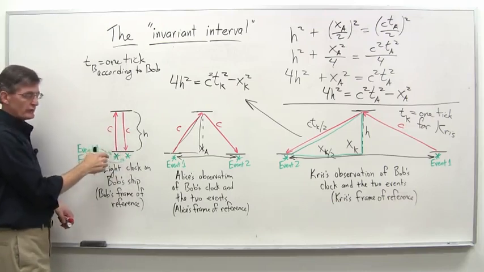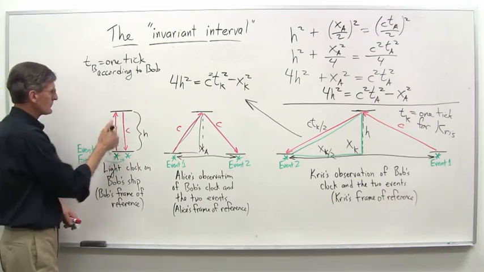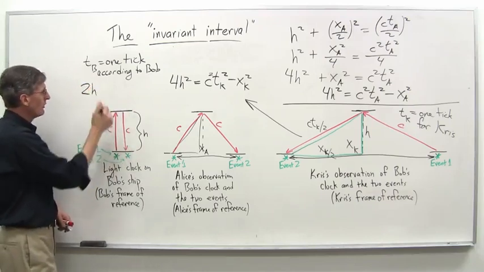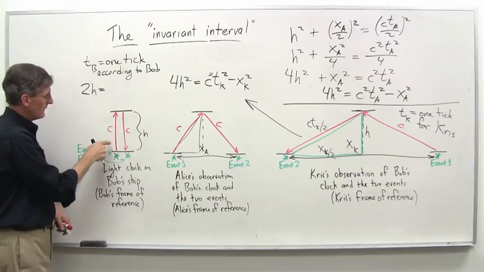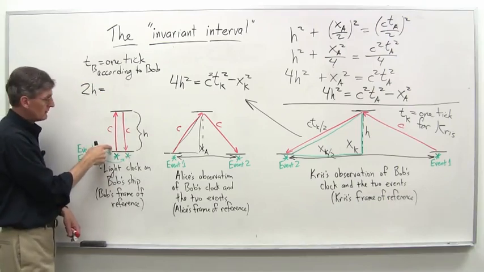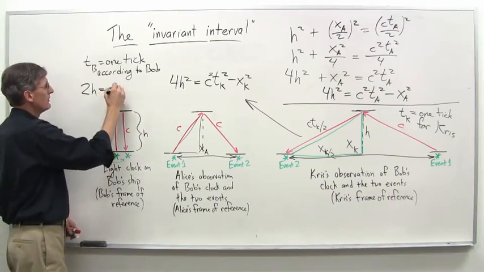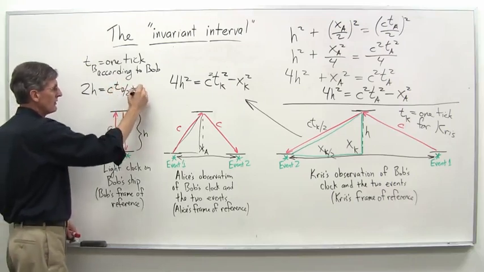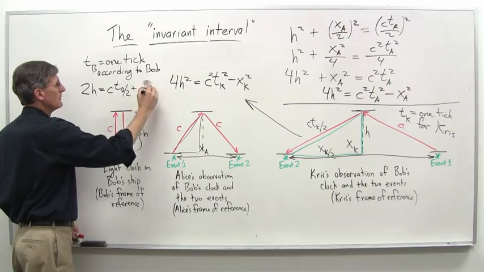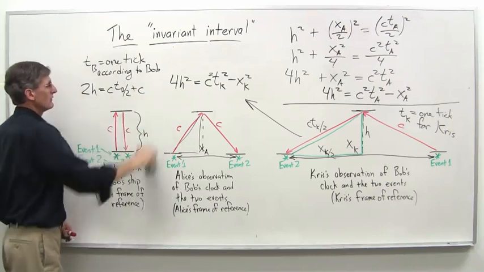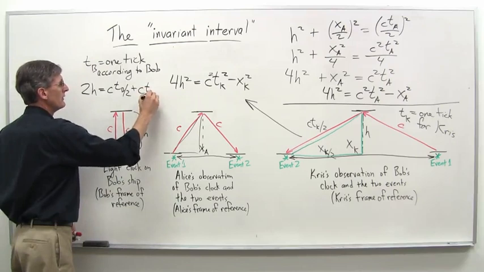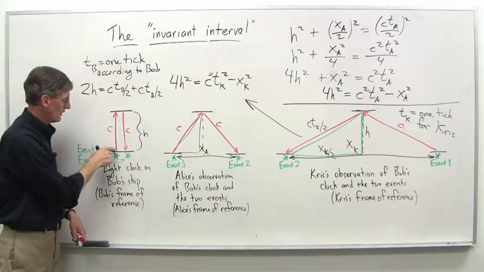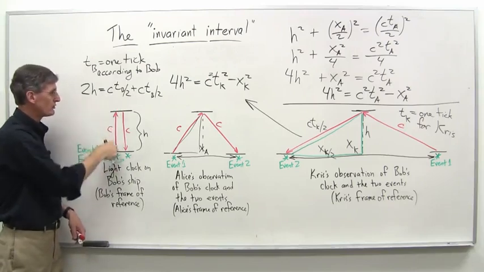So the total distance here for Bob is 2h, h up and h down, or we could also say it is c times tb over 2, half a tick, plus another c times tb over 2. You see that? So h up and h down, 2h total for the distance.